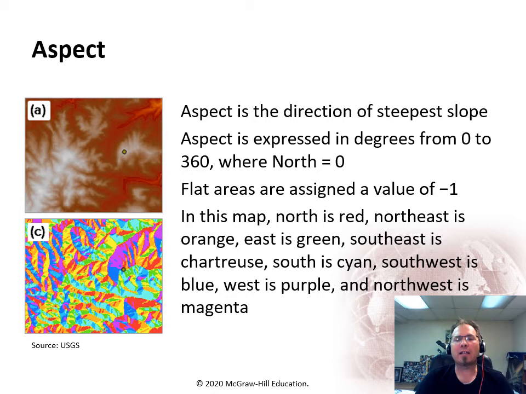Aspect is the direction of the steepest slope. Again, why is this important? It depends on what you're doing. For me, in the plant world, with vineyards, you want south-facing slopes. You want those vines to get as much sunlight as possible. So if I'm siting a new vineyard, I could take everything that faces south, from southeast all the way to southwest.